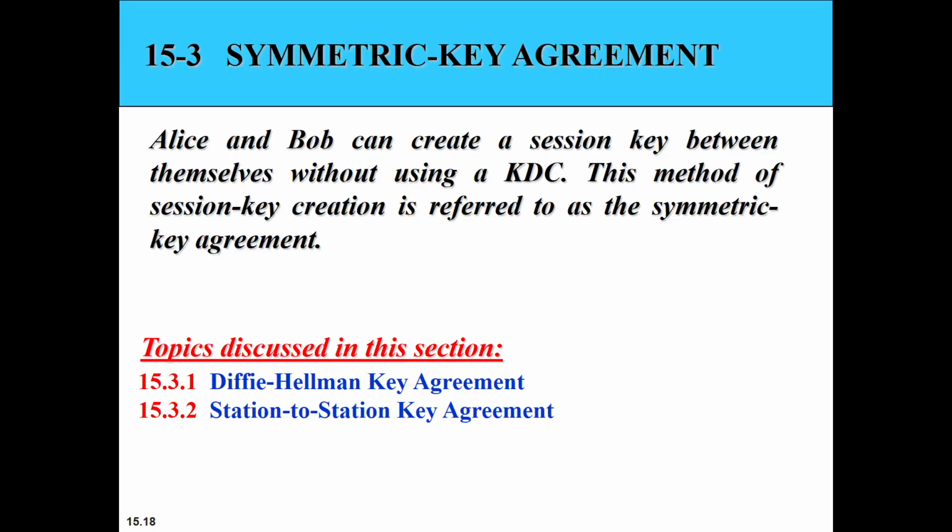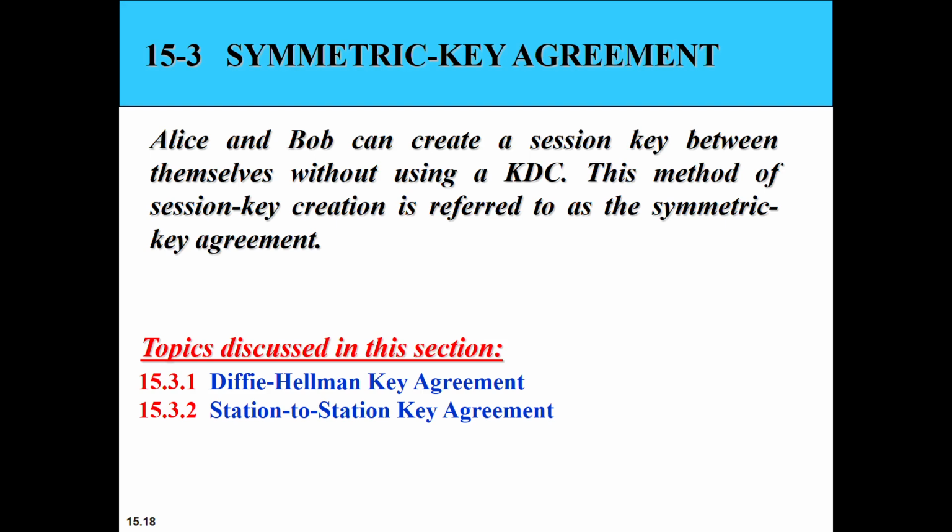The second thing in key management is called symmetric key agreement. In symmetric key agreement, we don't need a third device called the KDC. Simply the two devices are sufficient to perform the communications, setting up a session key.